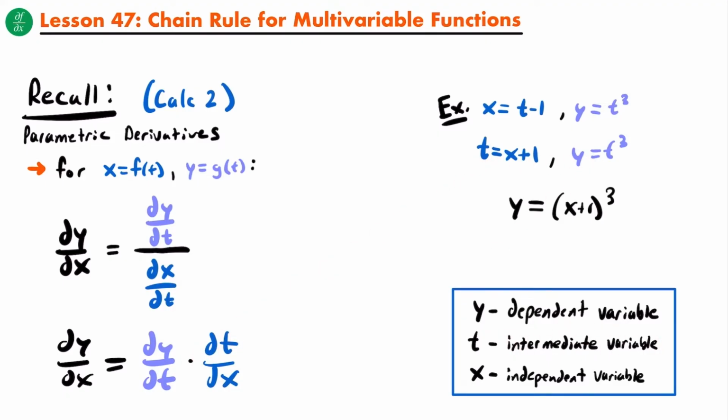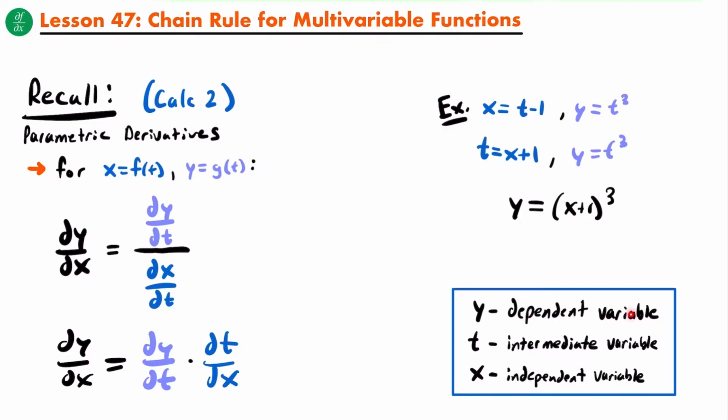And so I show you all of this for one reason. And that is to prove the point that whether we were working with the chain rule in Calculus 1 or whether we were working with it in Calculus 2, in both of these cases, we were always working with one intermediate variable, and that intermediate variable is always defined in terms of one independent variable. Okay, there's only one of each type of variable.